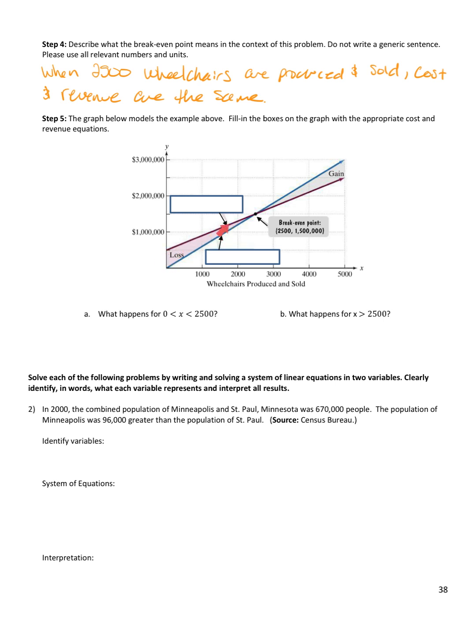Our costs are greater than our revenue. So the blue line is revenue, and that was 600x. And the red line is cost, which was 500,000 plus 400x.